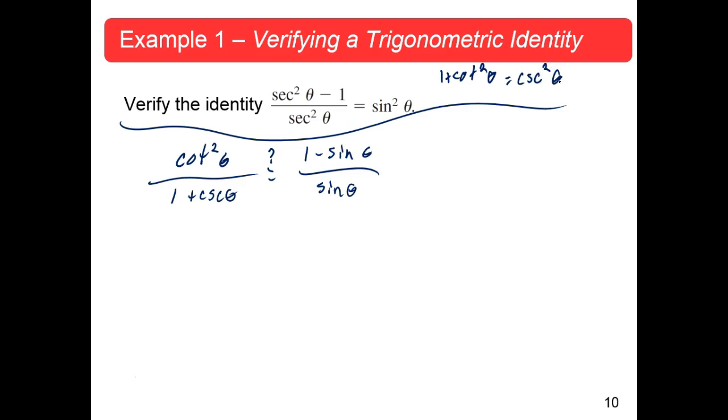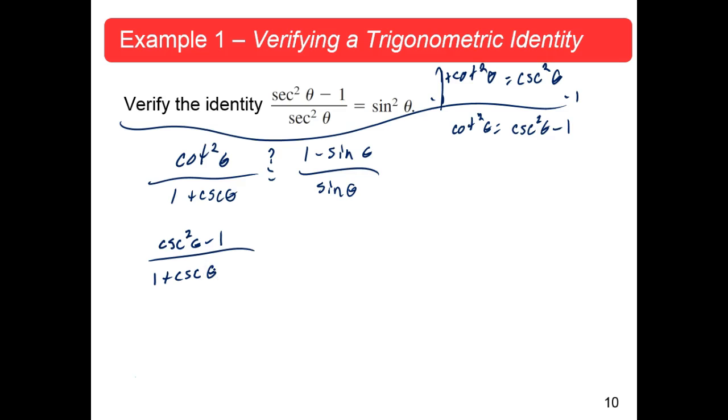Which means to get the cotangent by itself, I'd have to subtract the 1 from both sides, right? So this goes away and you get cotangent squared theta is equal to cosecant squared theta minus 1. Do you buy that? Yeah, so another way of that same Pythagorean identity. So that at least gets you cosecants here. So this will be cosecant squared theta minus 1 over 1 plus cosecant theta.